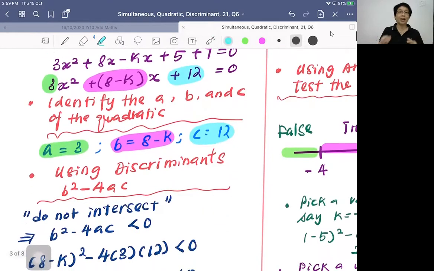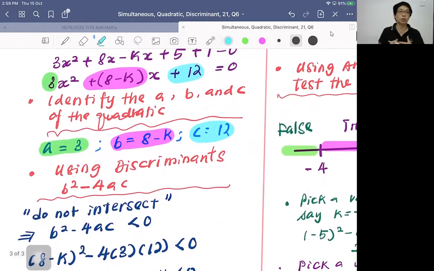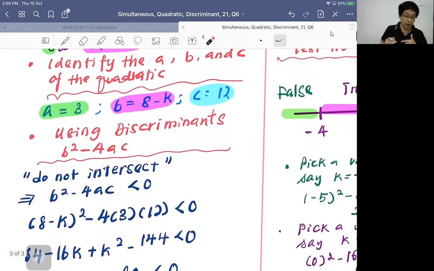Now, once you get that, you're in good shape because you are able to take out the discriminant, B squared minus 4AC, as I have written here, all right? And now we use the clue that they say the two do not intersect. Therefore, we know this comes into the picture.